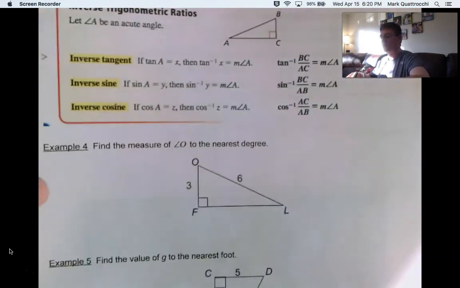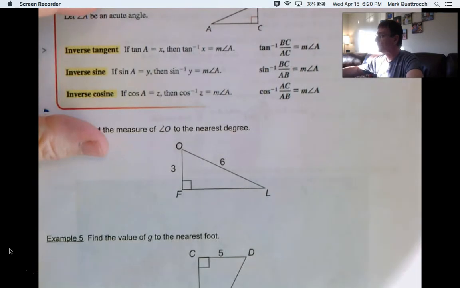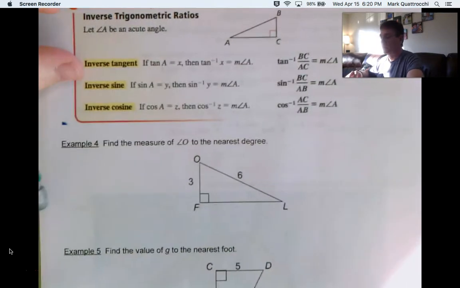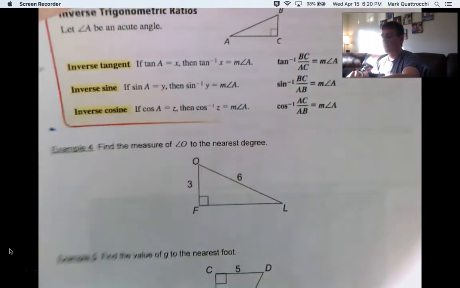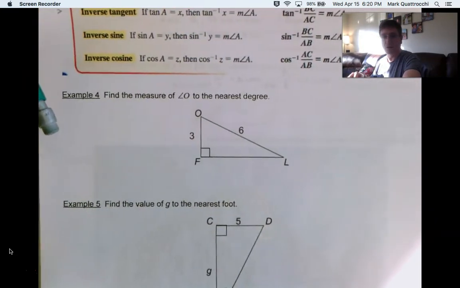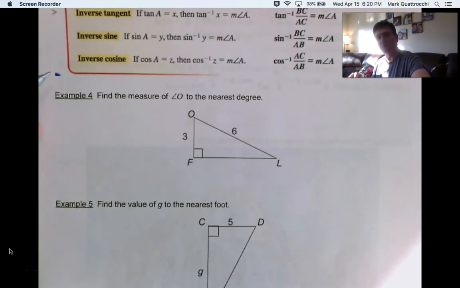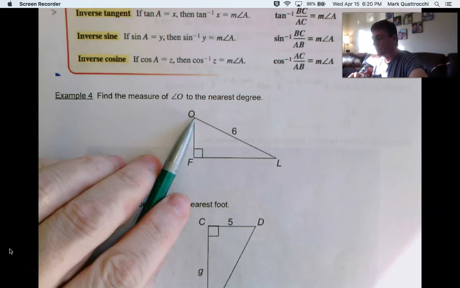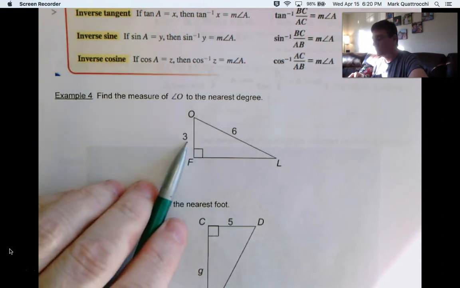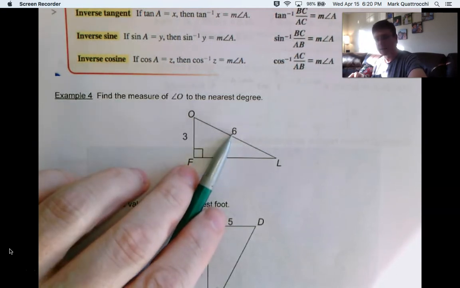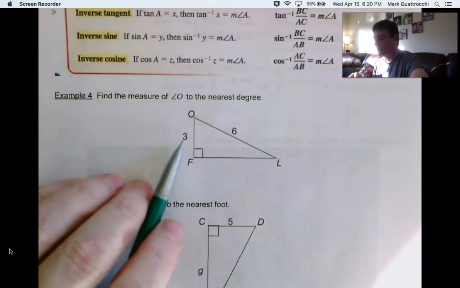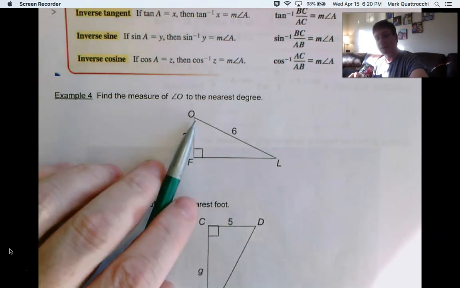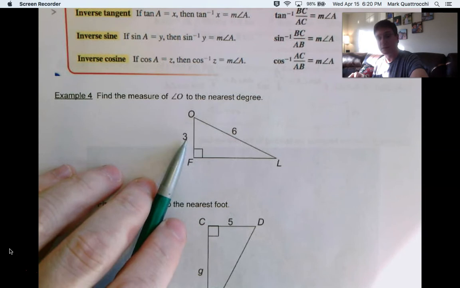Example 4. Find the measure of angle O. How do we find the measure of angle O? Good question. This is new to us. So we know where we are. We're here. We have this 3. We have this 6. This 6 is the hypotenuse. The 3, when we're standing here at O, this 3 is adjacent.